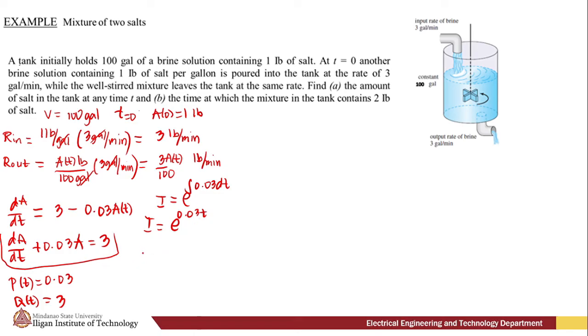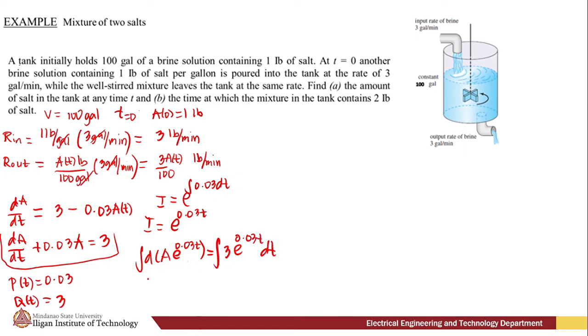Applying this, we have the integral of dA times our integrating factor e raised to 0.03 t equals the integral of Q of t, which is 3, times our integrating factor e raised to 0.03 t dt.